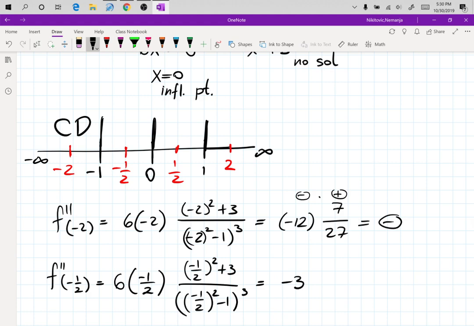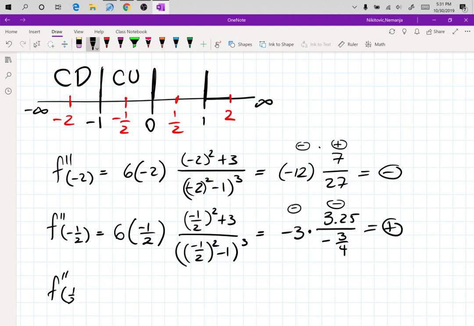Up there we have a quarter plus 3, so that's 3.25, I don't care, divided by a quarter minus 1, which is negative 3/4. So you see that you have a negative number times a negative number, which is a positive number. You can calculate what it is, but we don't care. I just want to know that it's negative times negative, and if it's negative times negative, it's positive, so concave up on this part.